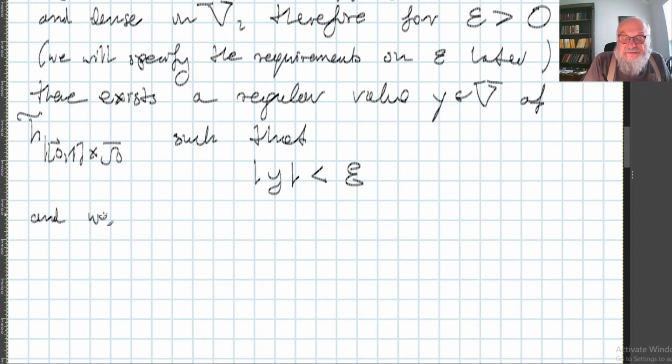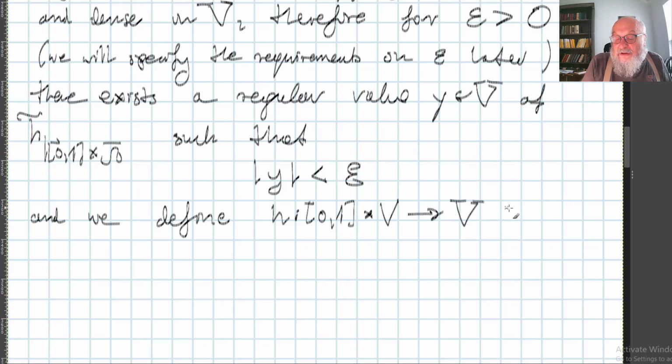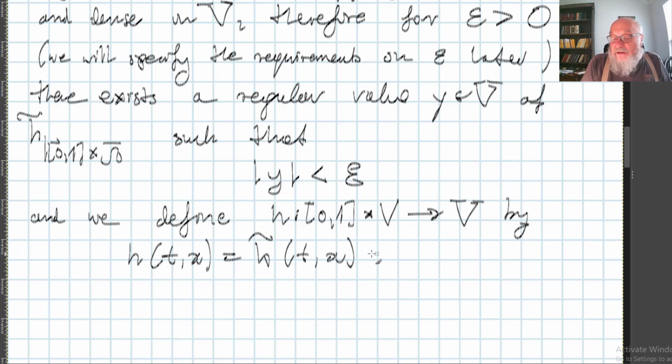And we define the candidate for our homotopy, h, from [0,1] times V to V, by the formula h of t, x, the old homotopy, and now we are correcting it by minus psi of t times y.